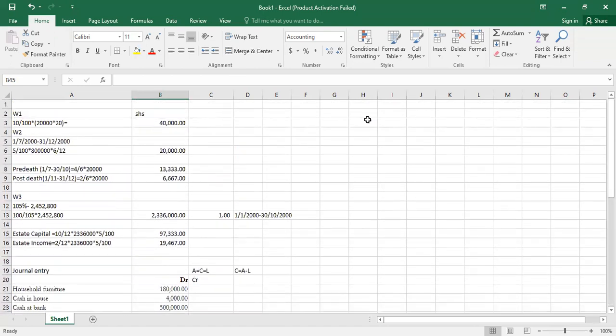The pre-death was 1333. So you need to do a double entry for that. So our estate cash book will be debited by 1333, and we are going to credit now the estate capital account, isn't it? Right?